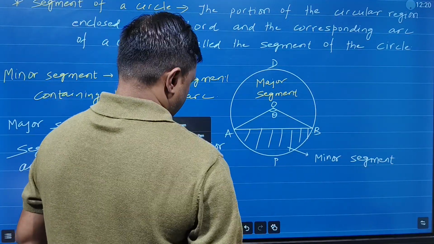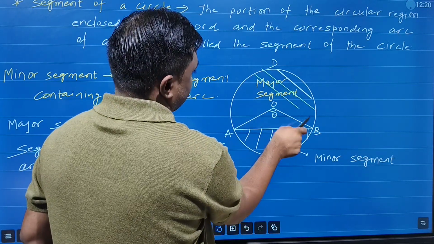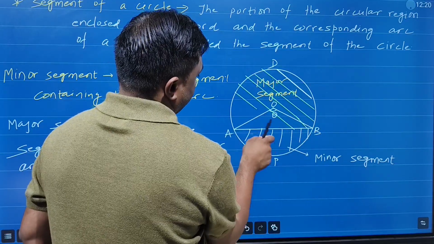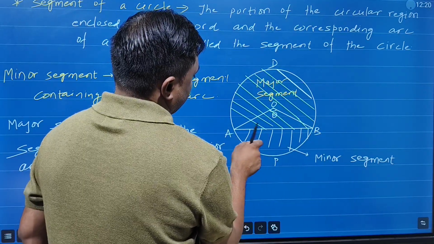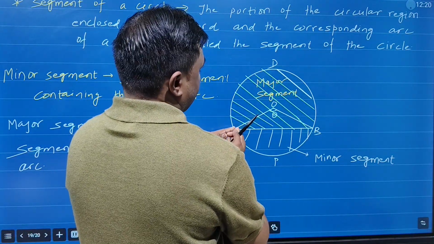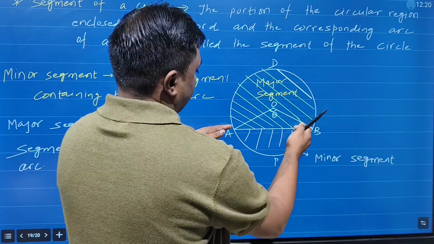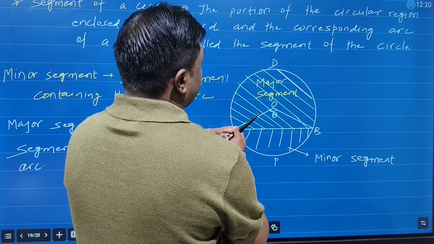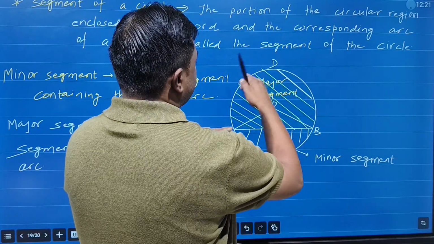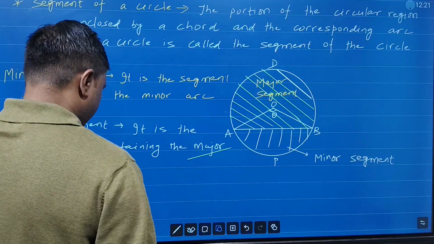So this region, from here till here, is the major segment. And this is the minor segment, the circular region enclosed by the chord and the minor arc. The circular region enclosed by the chord and the major arc is called the major segment. Am I clear?